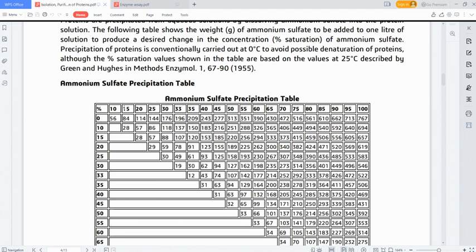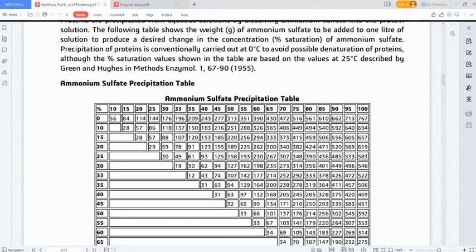So when I have not added ammonium sulfate and I want to achieve a 30% ammonium sulfate precipitation, what I will do is that I will get, say, 100 mils. And if I must work with 100 mils, it means I'm not working with 1000 mils again. So I have to scale down.